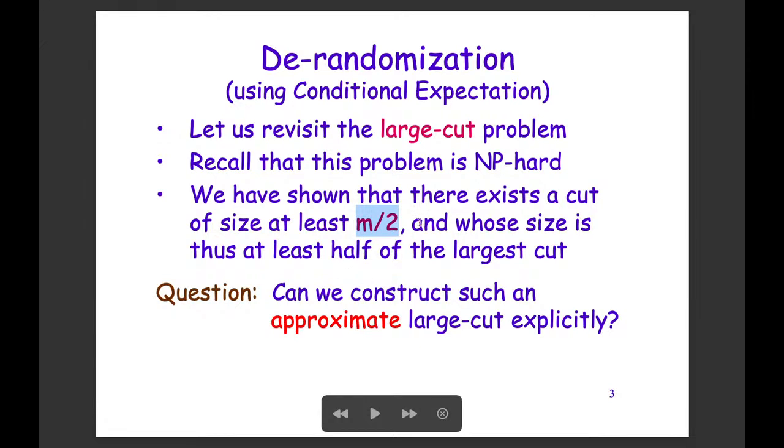This is not going to be the best max cut, the large cut, because there's no guarantee, there could still be something like m. So we call this an approximate large cut. Previously, we have a randomized algorithm to get a cut with this property. So now let us make the algorithm deterministic, no randomness involved.